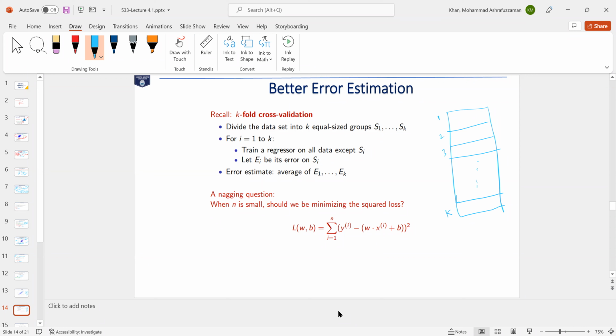And then we train our model on k minus 1 subsets, and then test it on the remaining subset. And for the next phase, maybe we'll keep this subset as test, and we'll train our model using the rest of the subsets, and so on.